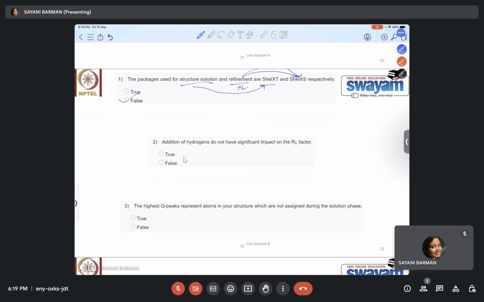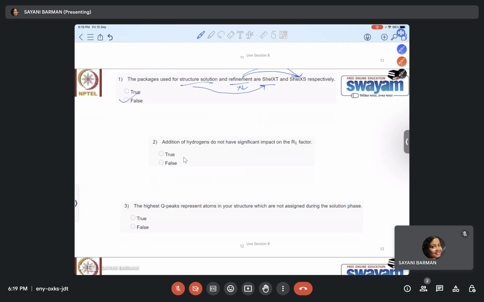Now the next one is: addition of hydrogens does not have a significant impact on the R1 factor. See, we first assign all the major atoms. Later, after several rounds of refinement, we add the hydrogens. But if we add hydrogens and refine the structure again in OLEX, you will see the R1 factor also gets reduced. So adding hydrogens also impacts the R1 factor value.